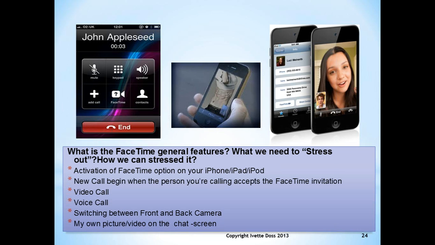Okay. So what are the general FaceTime features? What do we need to put under stress and how can we put it under stress? Ta-da! We have activation of the FaceTime option, new call beginning, video call, voice call, switching between front and back camera, putting our own picture and video, and chat screen. All these things we can put under stress. And believe me, when you answer this question and start with a checklist, the details will follow.